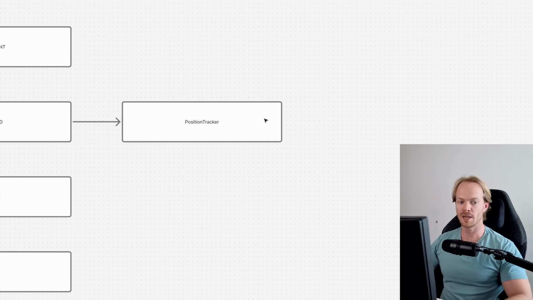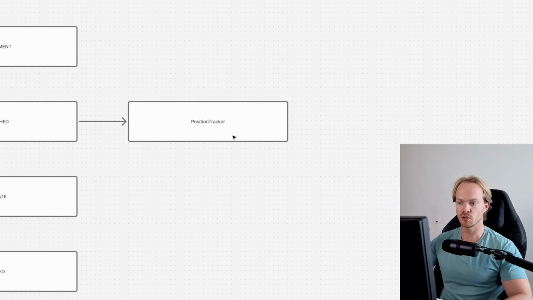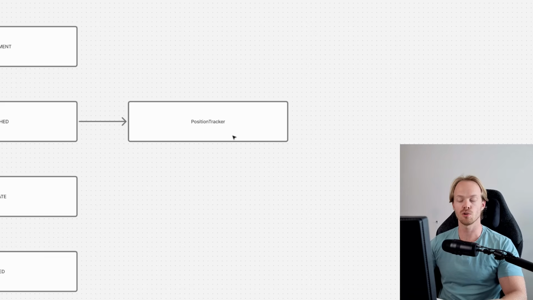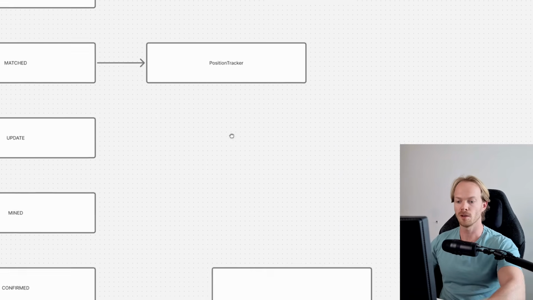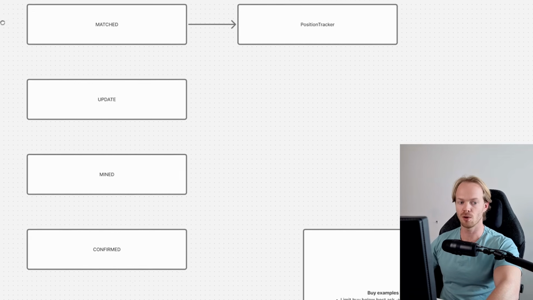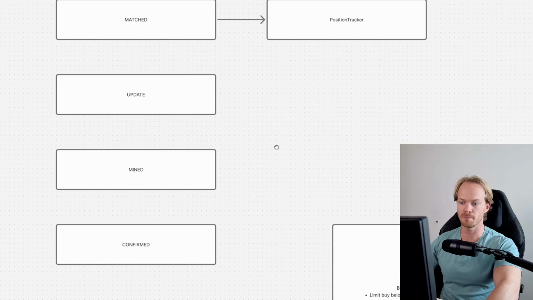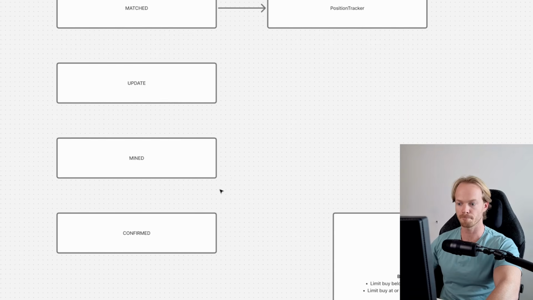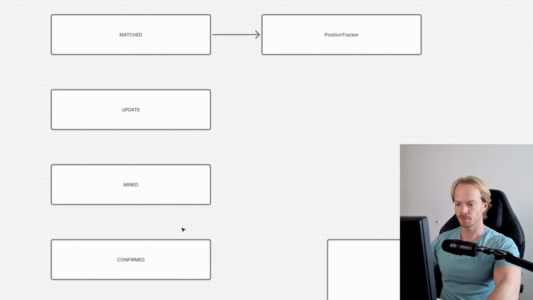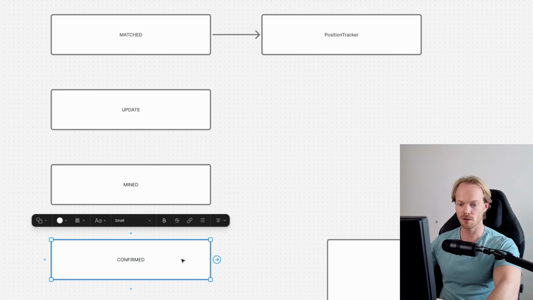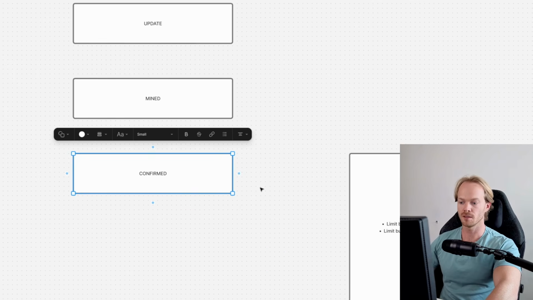And this is also where I implement the stop loss. So the position tracker tracks the position, but it also tracks the stop loss. It tracks the order life cycle from match to update, mined, confirmed, and so on. And when it's confirmed, then we actually have an order live, and we need to monitor it, we need to track it, and that's when the stop loss is actually activated.